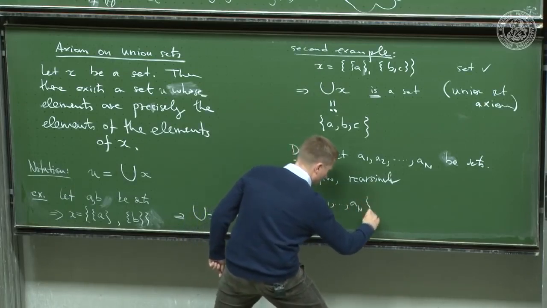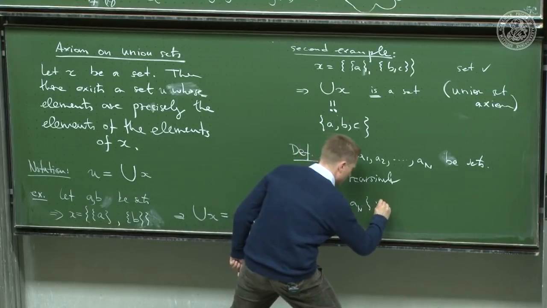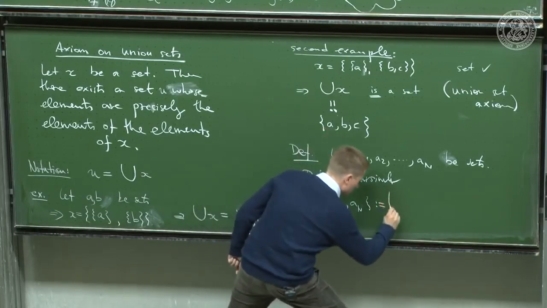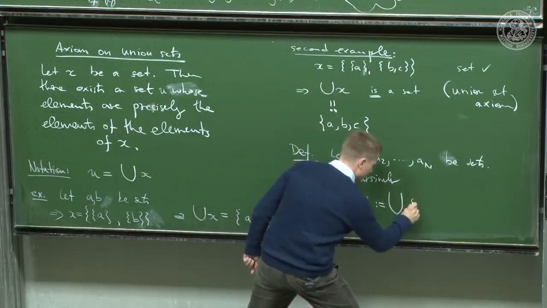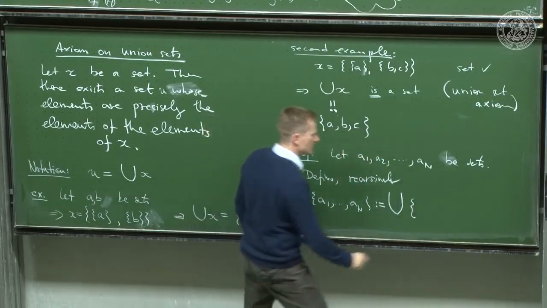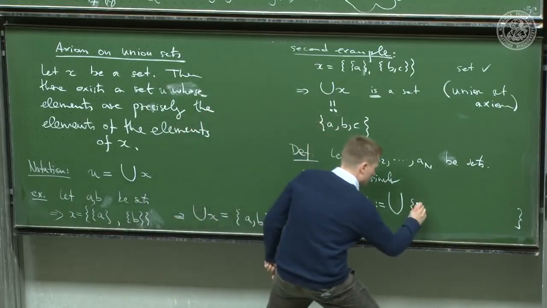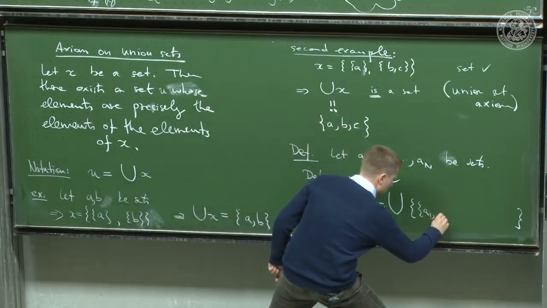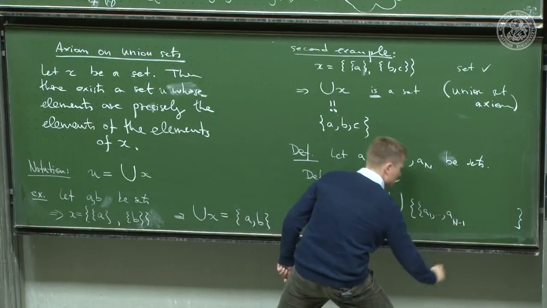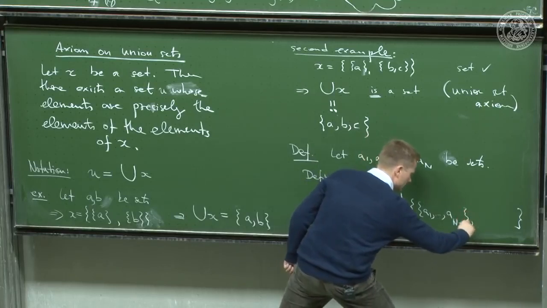I put them all in brackets. What on earth is this supposed to mean? It's supposed to mean the union of which set? There must be one set behind this whose elements I take and put into the union. It's the union of A1 to AN minus 1. It's the mathematical subtraction.